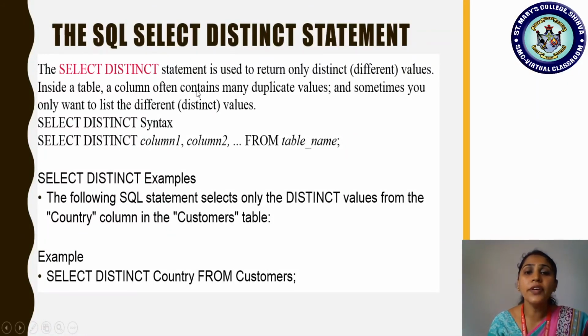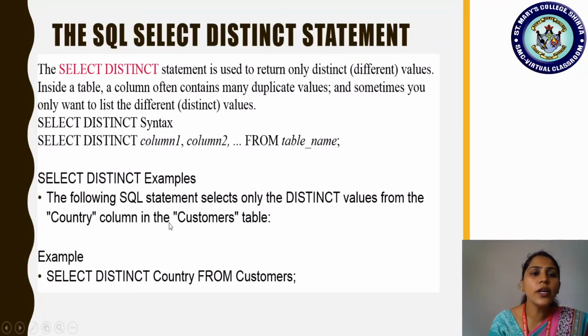A column often contains many duplicate values, as I just showed you: the Country attribute has a duplicate value because two customers belong to the same country. So the country name got repeated under the Country column. That is why we call it a duplicate value.